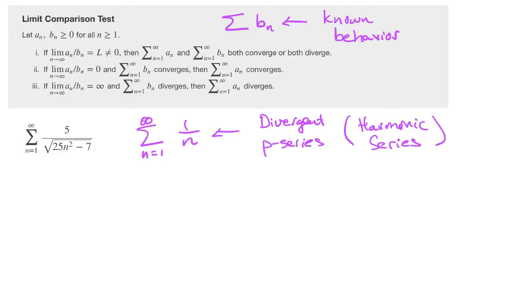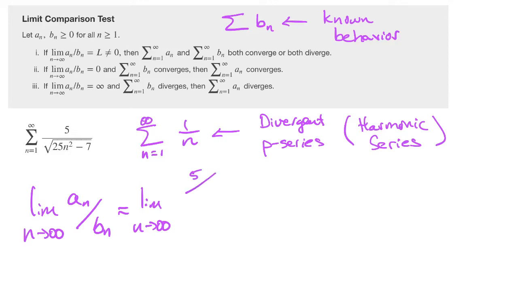Now if we turn around and look at the limit as n goes off to infinity of a sub n over b sub n, that's the limit as n goes to infinity of our term, 5 over the square root of 25 n squared minus 7, over our term 1 over n.